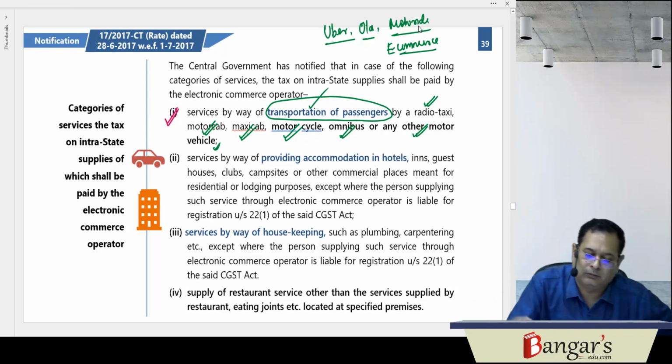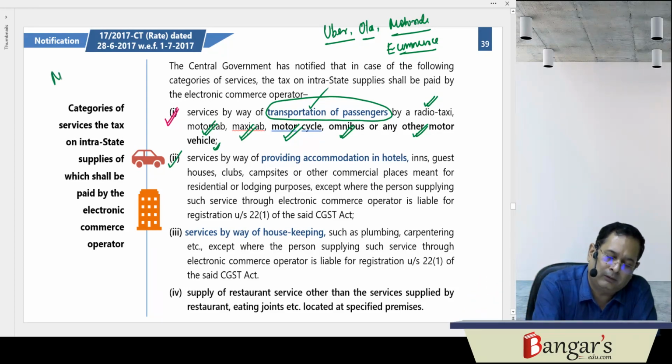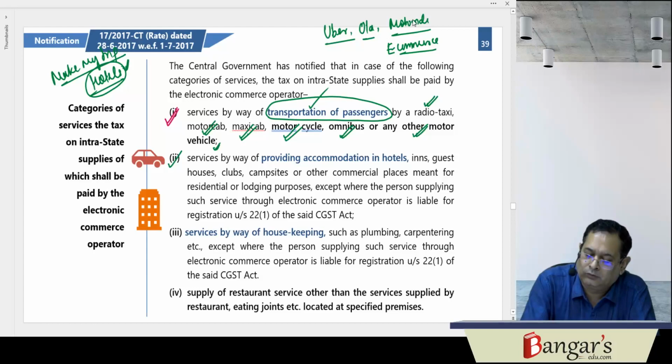Then the second one is, say we go to Make My Trip. They are also aggregators, basically of hotels. We can find hotels there. So MMT is providing accommodation in hotels.